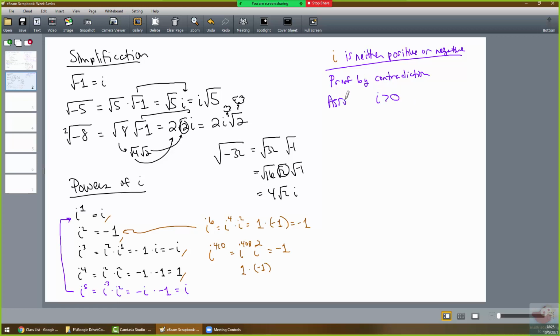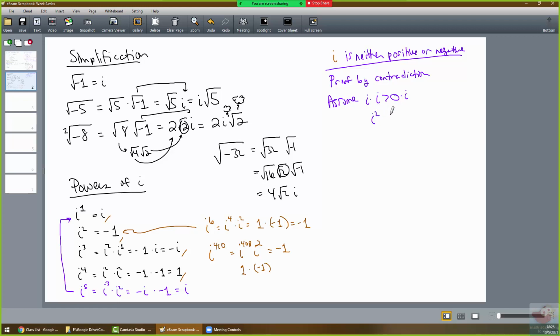I'll actually write "assume" to be very formal, pinky out. So we're going to play with this to show that a mistake is going to happen. If i is a positive number, let's for funsies multiply both sides by i, because I'm allowed to multiply an inequality by a non-zero number, and if i is positive, that means it's not 0. Well, what is i times i? i to the second power.